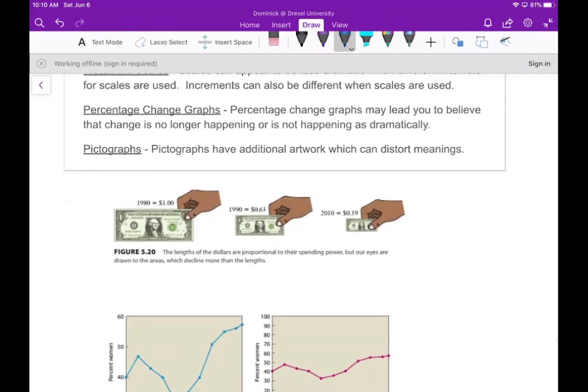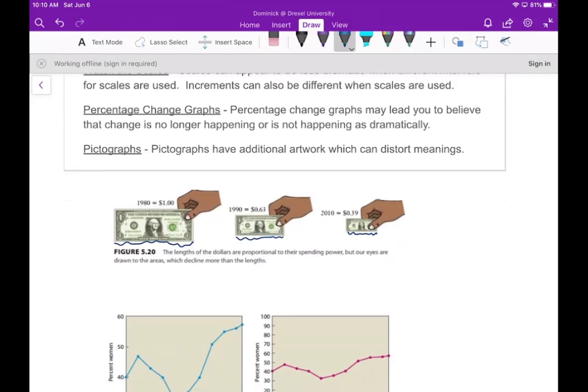In this figure 5.20, the lengths of the dollar bills are proportional to their spending power. What we mean by that is that this represents $1, this represents 63 cents, and this distance represents 39 cents.